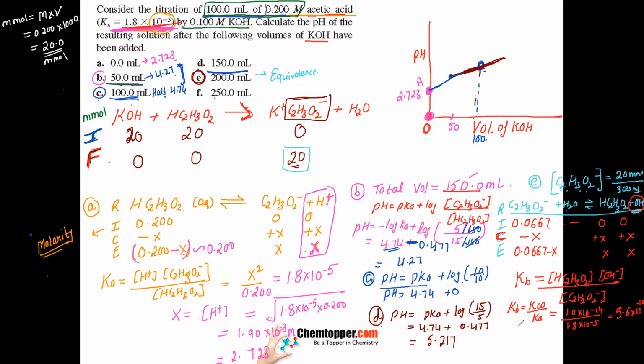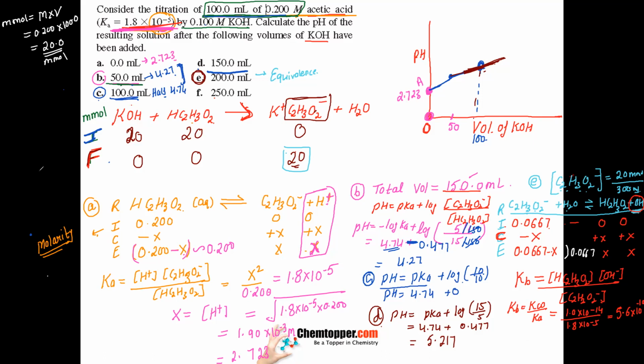Is this value very big or very small? The value is very big or very small, children? So can I do approximation safely? So approximation means I'm going to ignore this x. So it is 0.0667, right?